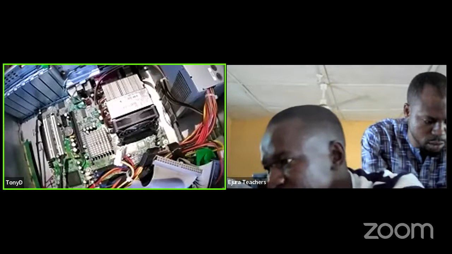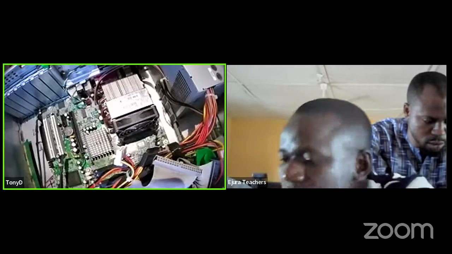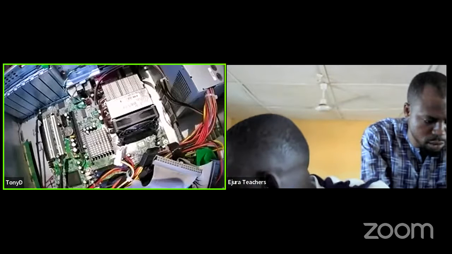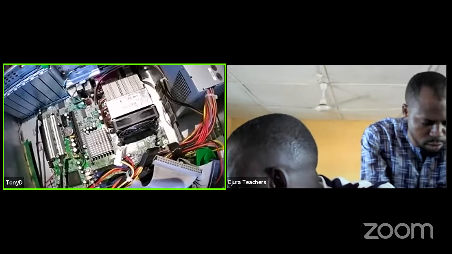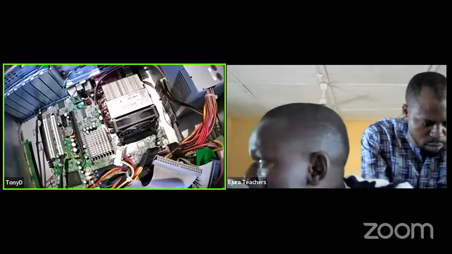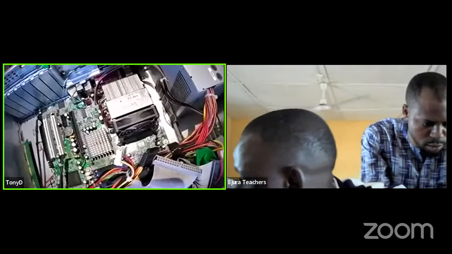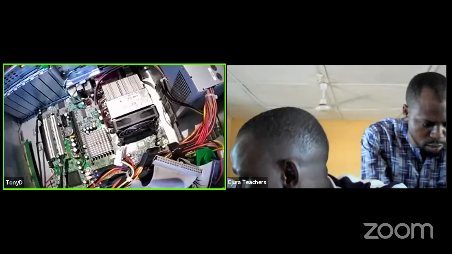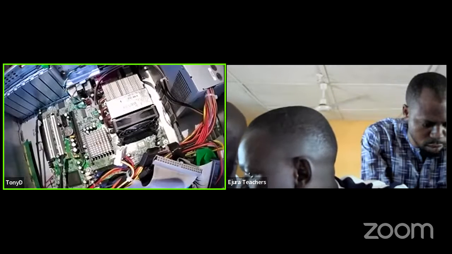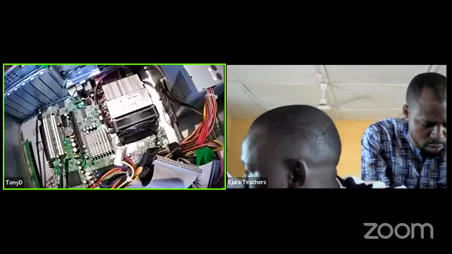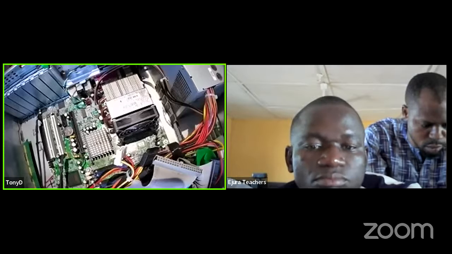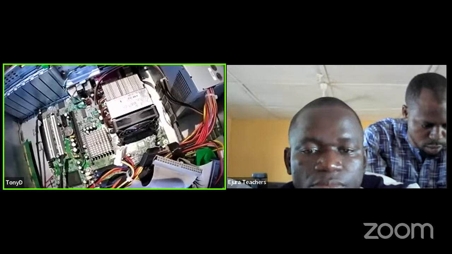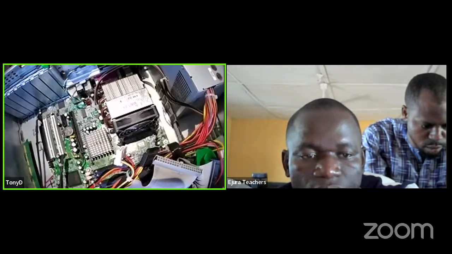So let's go through the CPU again. The CPU is responsible for controlling the transfer of data and the instructions among the units of a computer. Somebody asked a question because you were referring to the system unit as the CPU, which sometimes causes confusion.